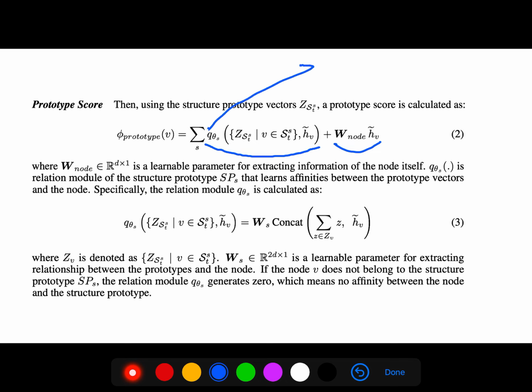But this Q theta here is the relation module of the structure prototype SP of S. It's just a relation module that learns affinities between these prototype vectors and the node itself. So this is the structure similarity between this one and this one. It learns the affinities between them.